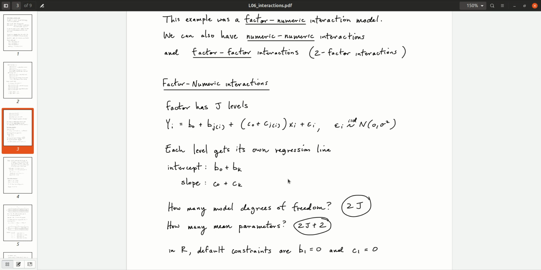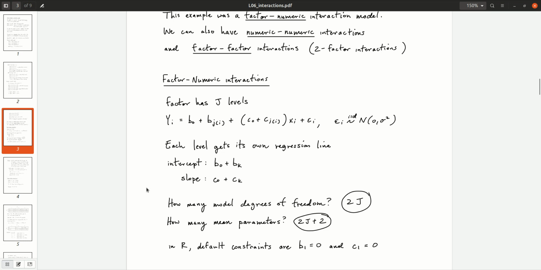So the intercept for the kth level is going to be B0 plus Bk, and the slope for the kth level is going to be C0 plus Ck. So this is different from the factor-numeric additive model in that now the slopes depend on the level, whereas in the additive model it was just the intercepts that depended on the level.